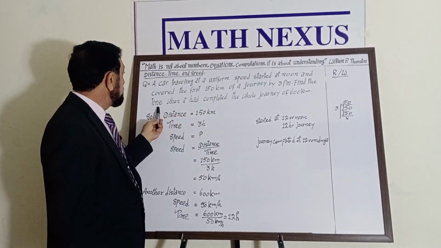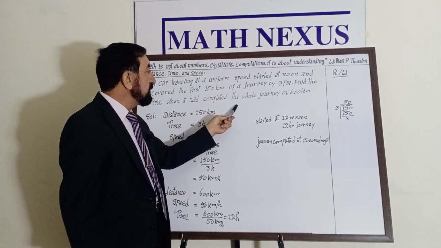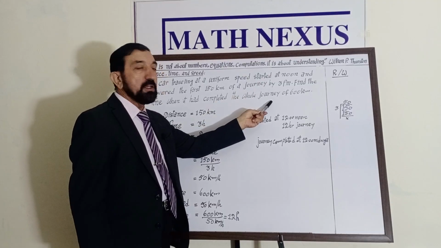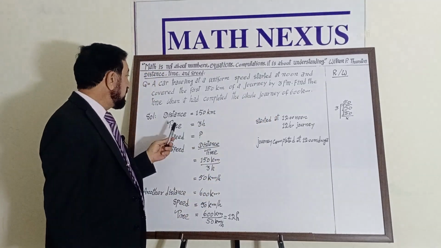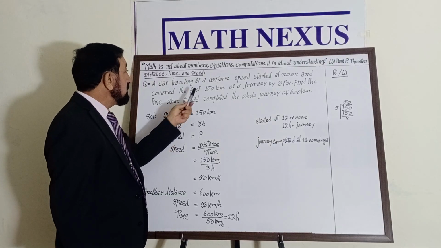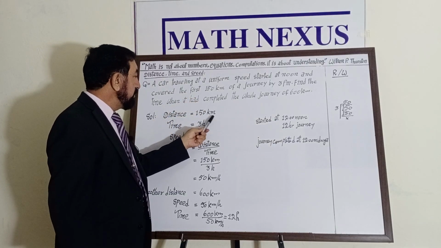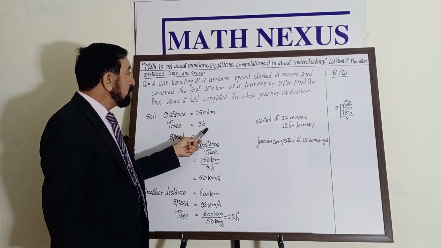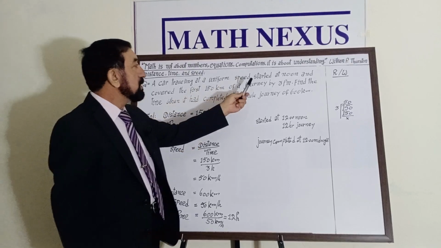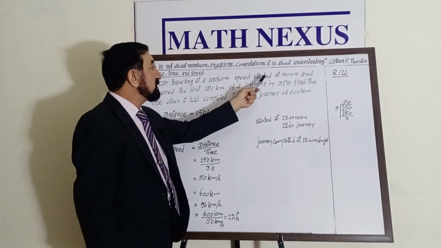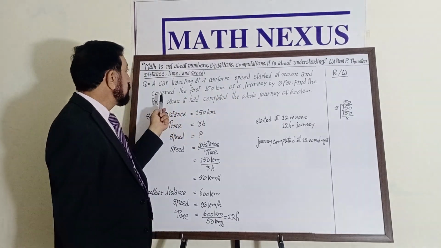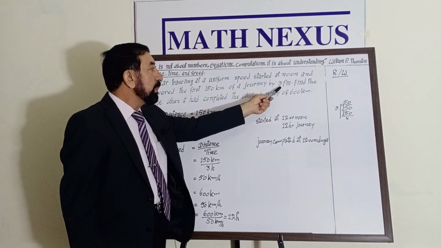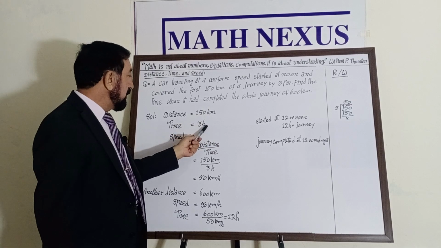Find the time when it had completed the whole journey of 600 km. Look at the data. Distance already given, 150 km. Time is equal to 3 hours because the car is traveling from noon, 12 o'clock, to 3 p.m. It means it takes 3 hours.